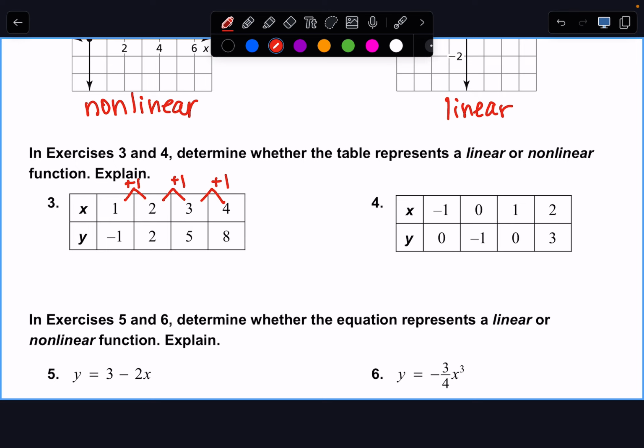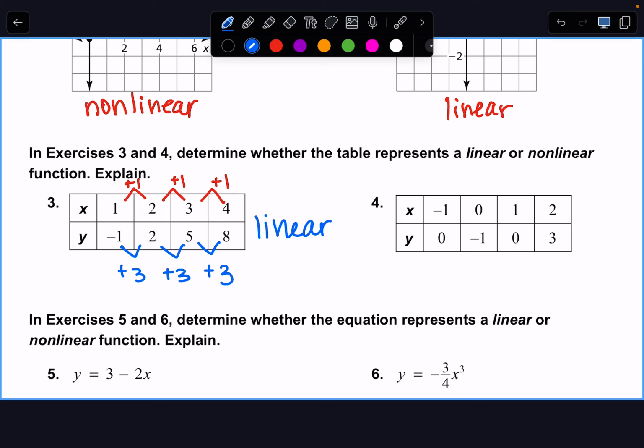It's adding 3. Isn't this plus 3, plus 3, plus 3? Yeah. The x change and the y change don't need to match. They just have to be consistent with each other. So my x's are consistent, my y's are consistent, so this is a linear equation.